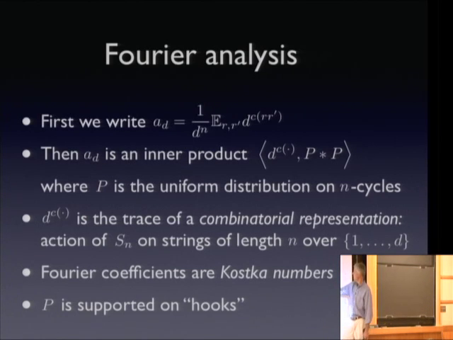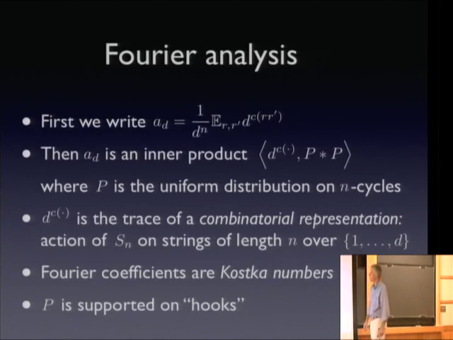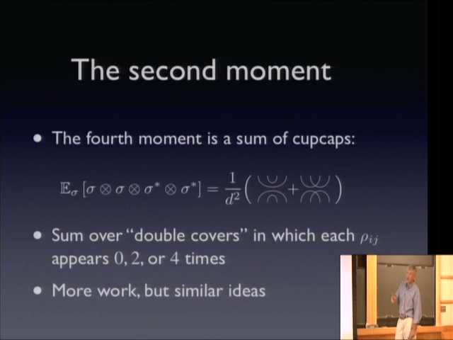And this one is the convolution of a distribution that's very well understood. It has very small support in the Fourier spectrum; it's only supported on hooks. So it turns out this is quite easy to analyze, and you can exactly compute it down to the line.